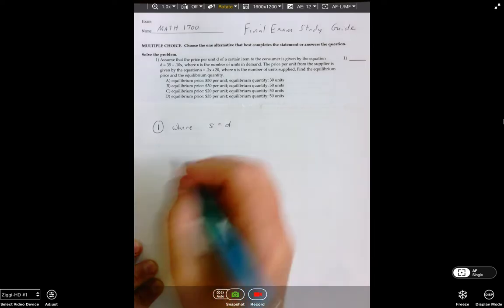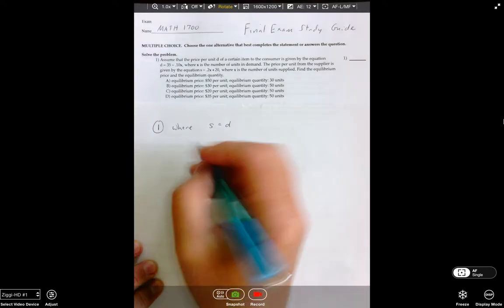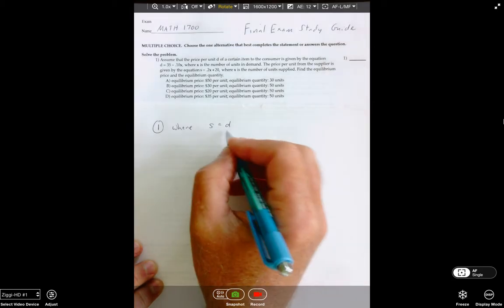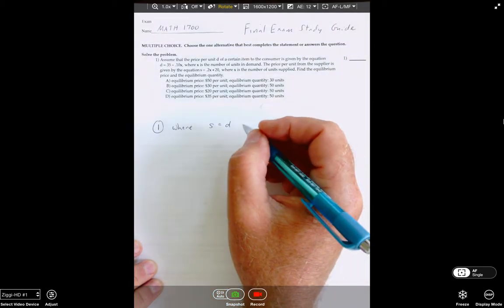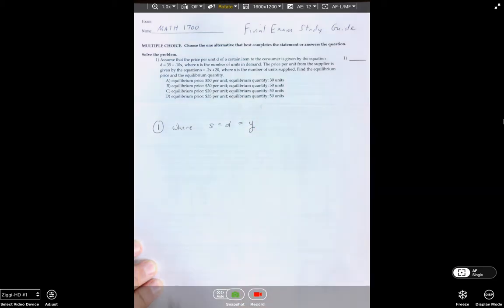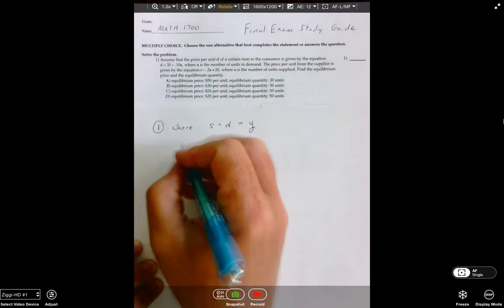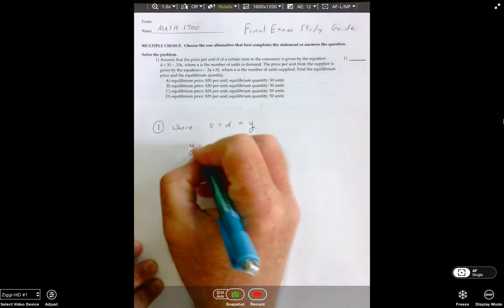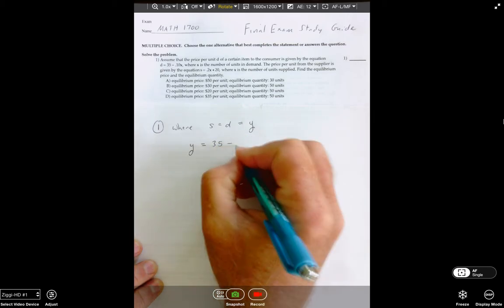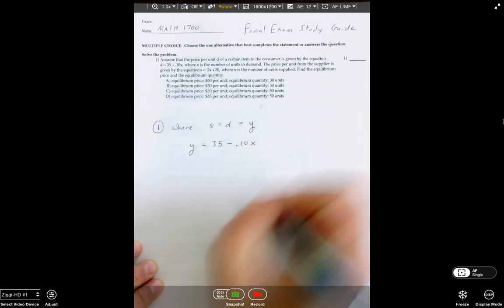So essentially, since D is equal to S, we can call this whatever. Let's just call it Y. So we know that the first demand equation can be rewritten as y equals 35 minus 0.10x.